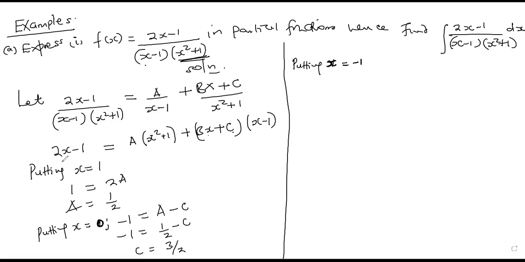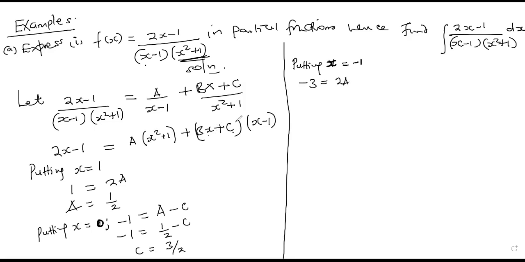So if you let X as -1, here you will have 2 times -1 minus 1, that is -3 this side, equaling to -3 equaling to, when you put here -1, it is going to be 1 plus 1, that is 2 times A, that is 2A.